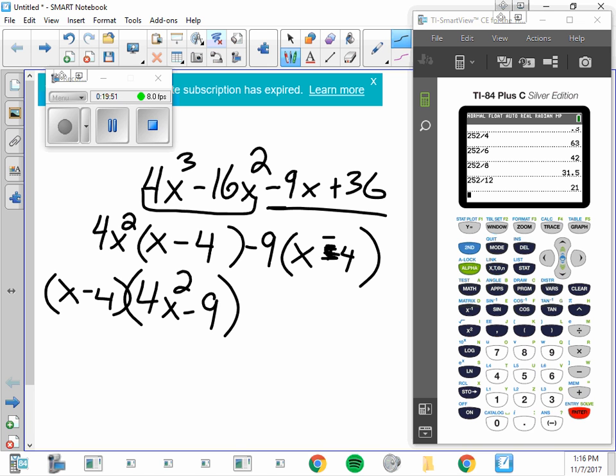Can I go any further? This one is actually a difference of squares. x minus 4 times 2x minus 3 and 2x plus 3.